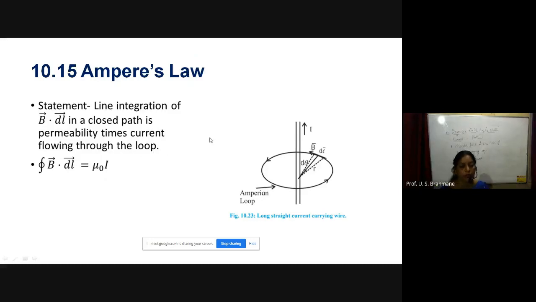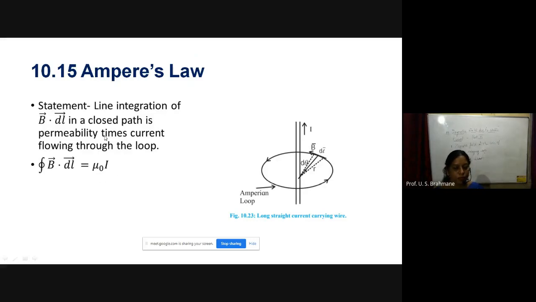So it is the closed loop integral of B dot dl vector equal to mu 0 times I. Mu 0 is a constant, the permeability, times the current.